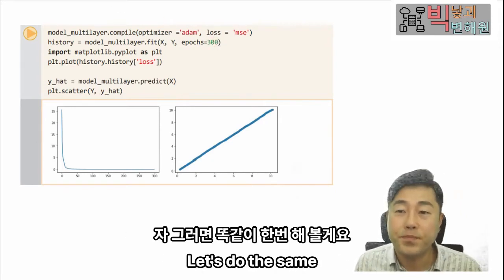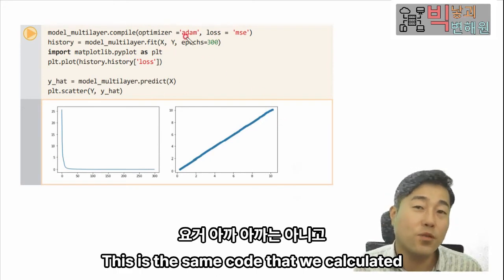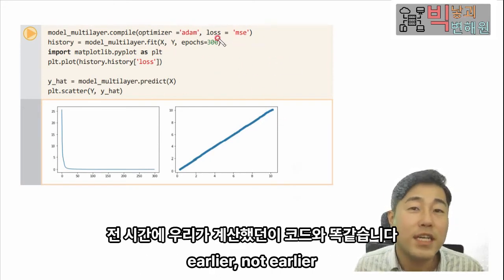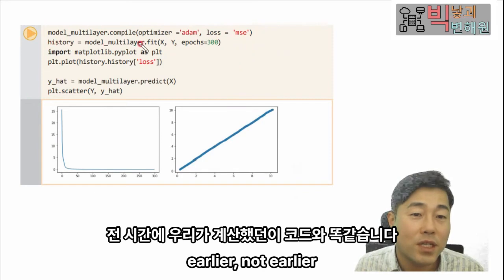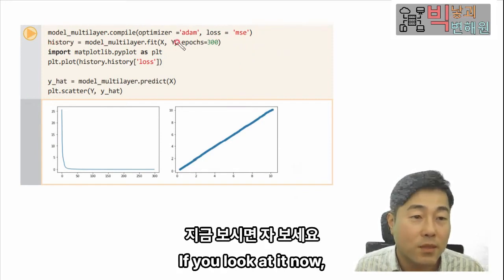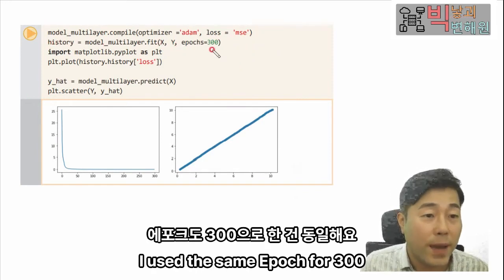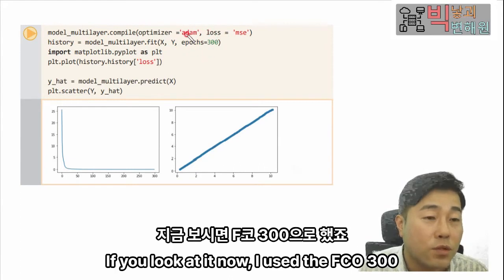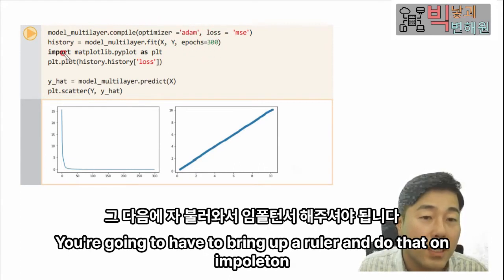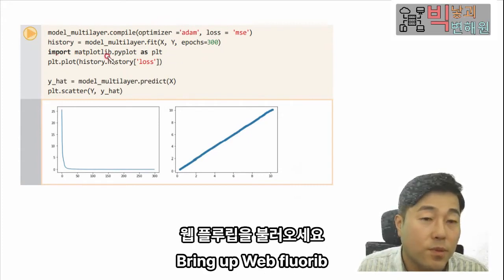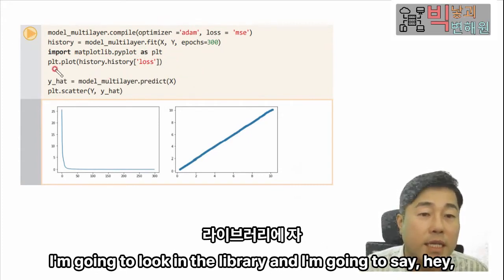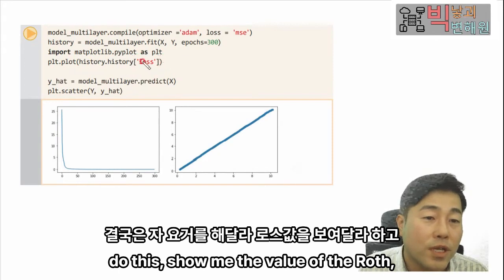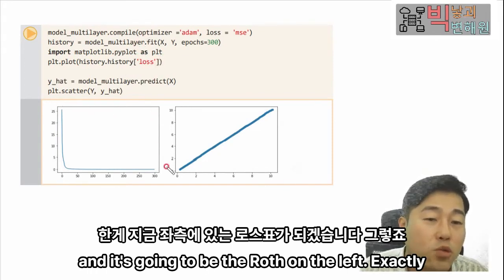Let's do the same. This is the same code that we calculated earlier. If you look at it now, I used the same epoch of 300. I'm going to bring up the library and say, show me the value of the loss. And it's going to be the loss on the left.